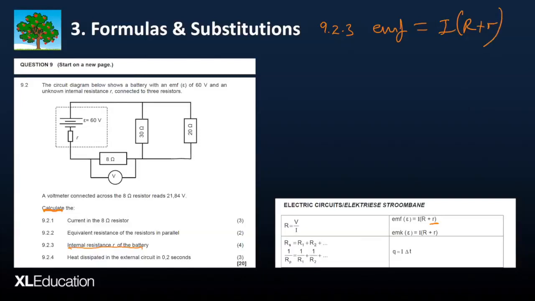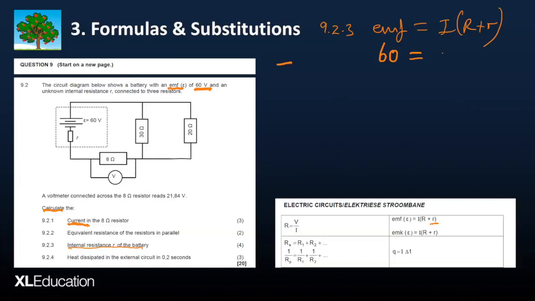If you go through the question here, on the first line, 60 volts is the EMF. Now we substitute 60 volts. Current, we were required to calculate the current in 9.2.1. So the very same current that we calculated in 9.2.1 is the current which is needed here.